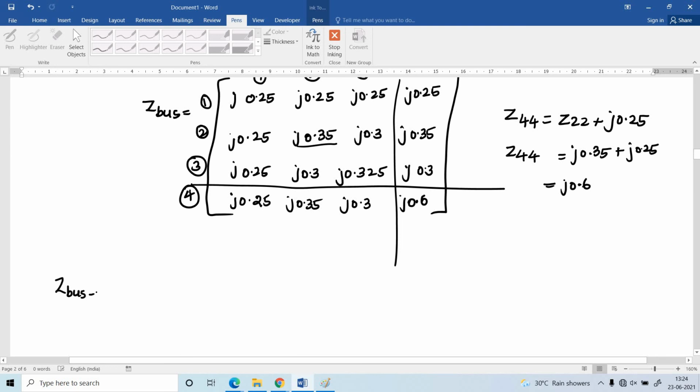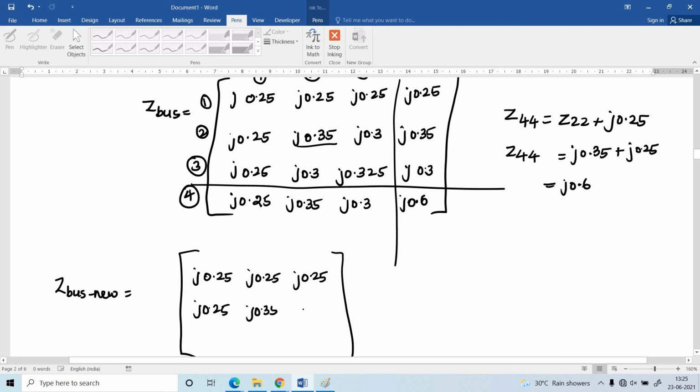ZBUS new is equal to, first I have to write the old bus matrix. This is the old bus 3 cross 3. There is j0.25, j0.25, j0.25. Here j0.25, j0.35, j0.3. j0.25, j0.3, j0.325, minus, we have to write this, 1 divided by j0.6.